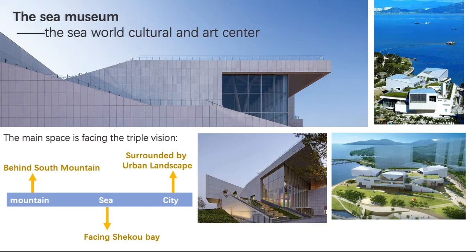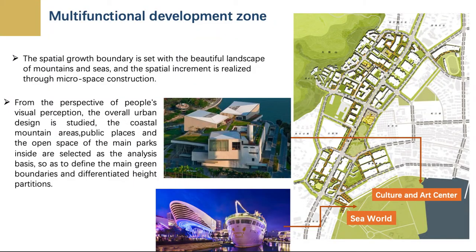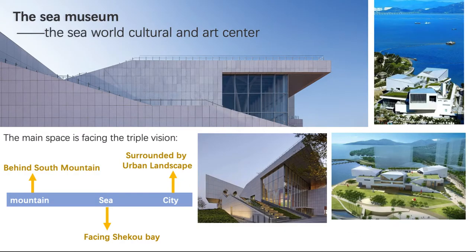This is the part I want to introduce, the Seawater Control and Arts Center. It is a sea museum. What makes it special is that it is surrounded by the sea. So this is the museum, and this is the sea. It is surrounded by the sea, and it also faces Circle Bay, with Shenzhen North Mountain behind, and is surrounded by urban landscape.